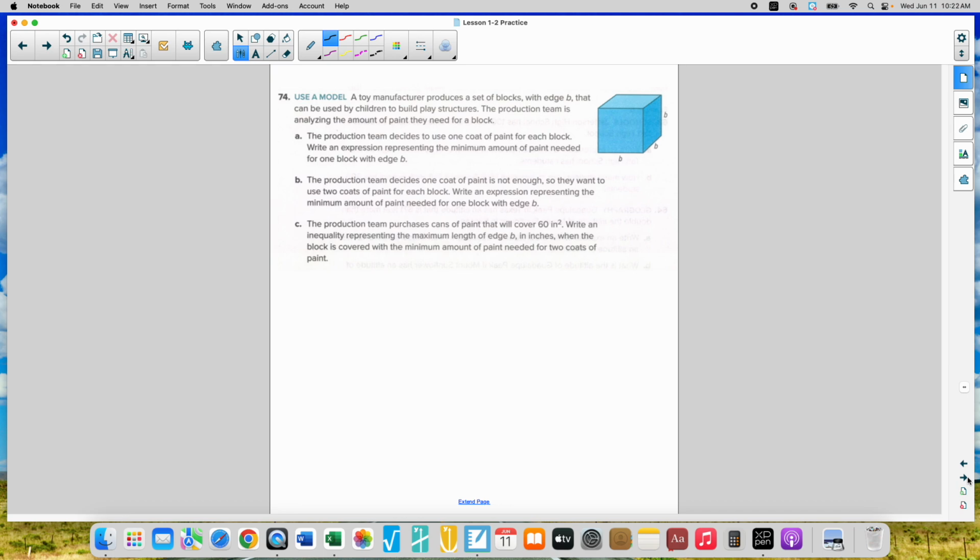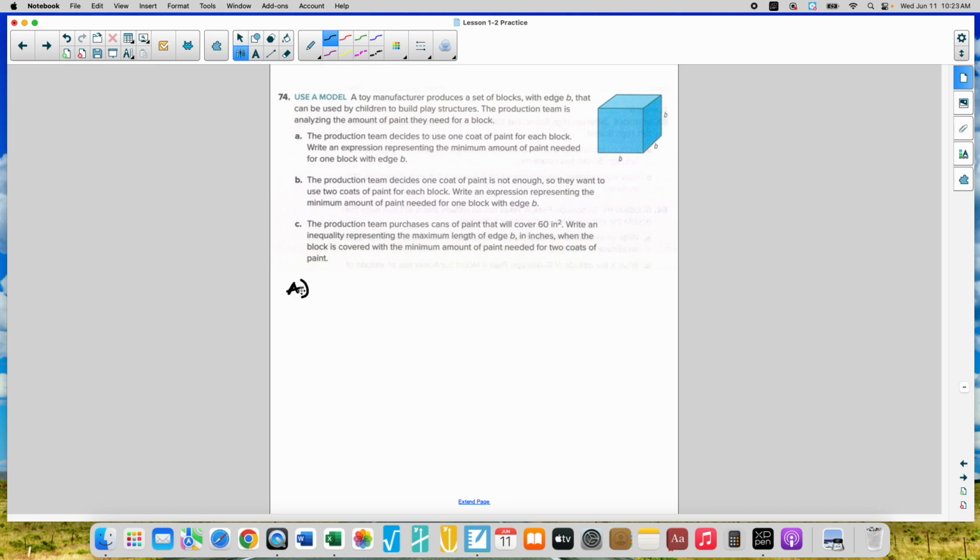Oh, look at this. A toy manufacturer produces a set of blocks with edge b that can be used by children to build play structures. The production team is analyzing the amount of paint they need for a block. The production team decides to use one coat of paint for each block. Write an expression representing the minimum amount of paint needed for one block with edge b.